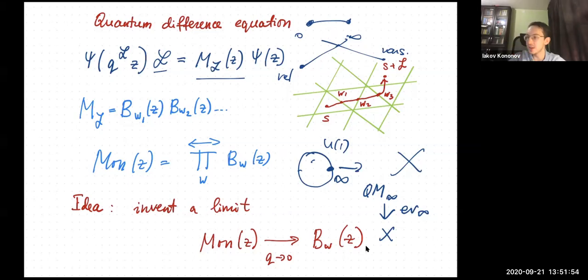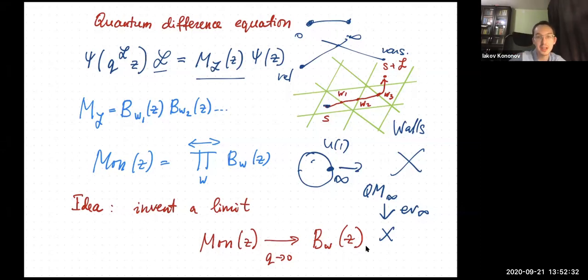So, this operator is known to have a factorization. This operator can be viewed as, if we draw the picture of walls, the wall arrangement in the Kähler torus, it corresponds to a map from some point s to point s plus L. We can join these points by some path, and when we cross the walls, we apply a certain wall-crossing operator.